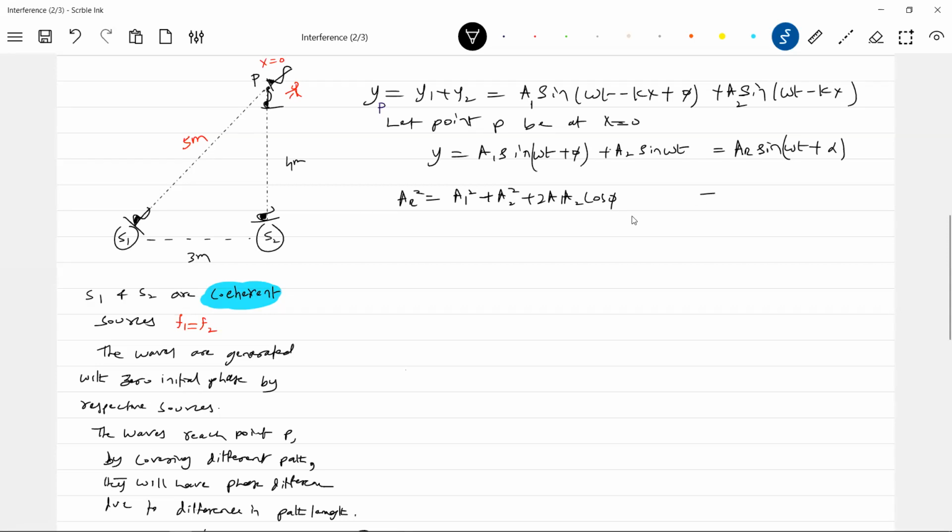How is intensity related? Intensity is directly proportional to the square of amplitude. Can you remember this? So therefore, the resultant intensity IR is equal to I1 plus I2 plus 2 root I1 I2 cos phi.